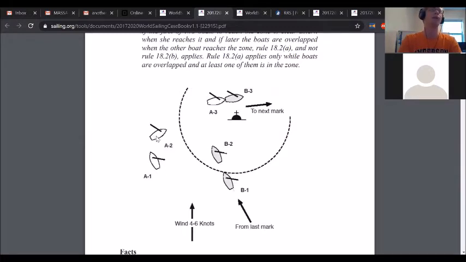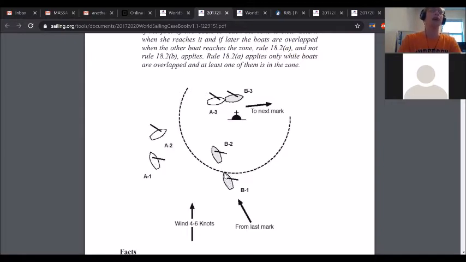When boat A jibes here, now neither one is clear ahead or clear astern, because boat B is ahead of this line for boat A, and boat A is ahead of this line for boat B. So now neither one is clear ahead, clear astern. They are overlapped by our definition. But for this position 1, boat A is clear ahead, boat B is clear astern.